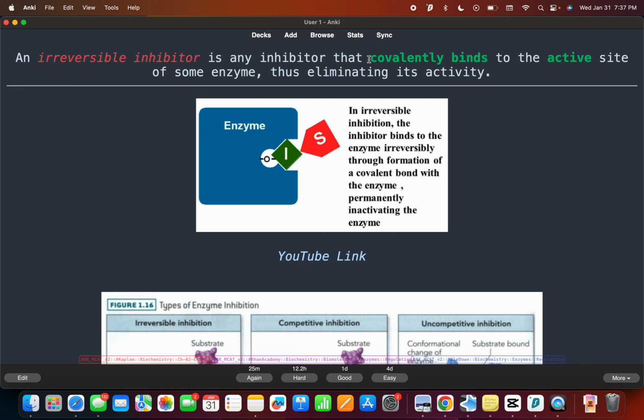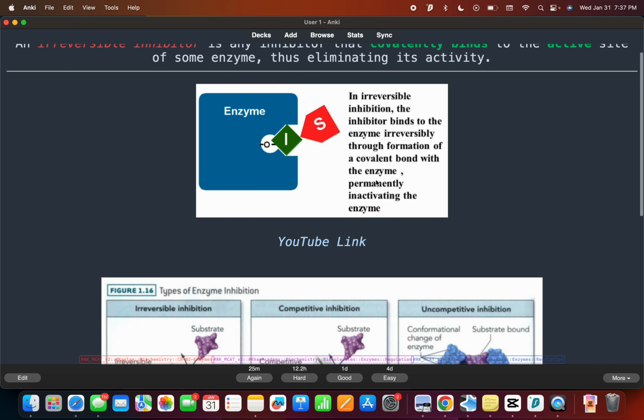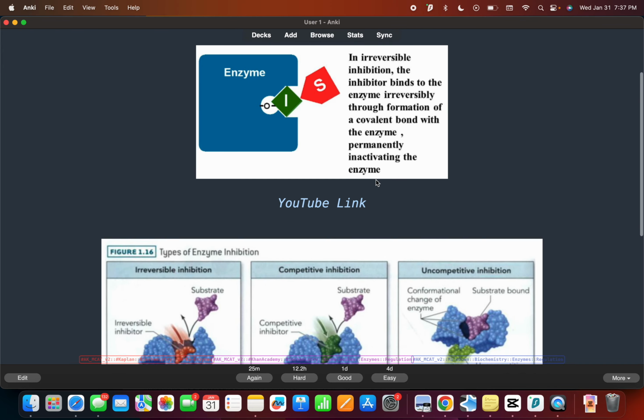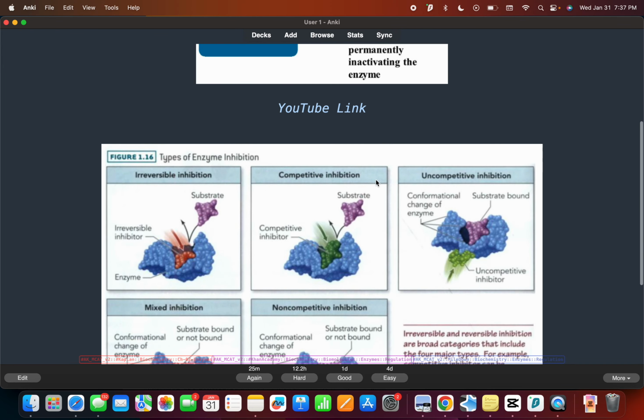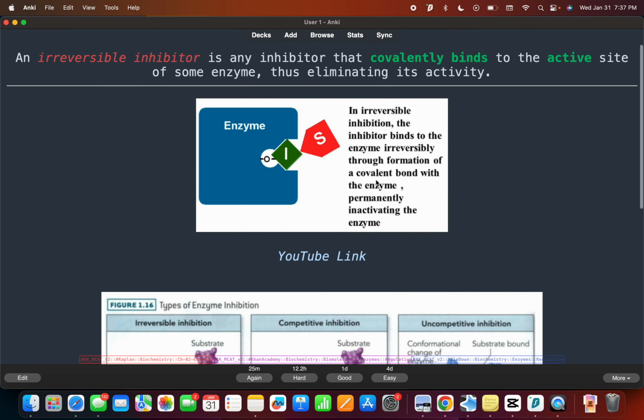They're sharing, not ionic bonds or hydrogen bonds. The inhibitor binds to the enzyme irreversibly through formation of a covalent bond to the enzyme, permanently inactivating the enzyme. Nice.